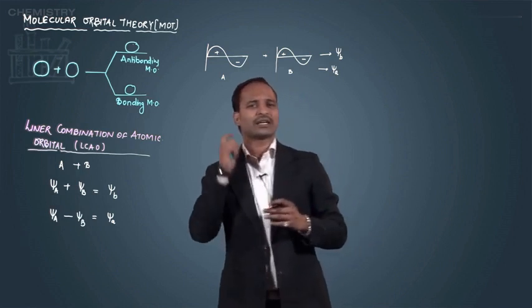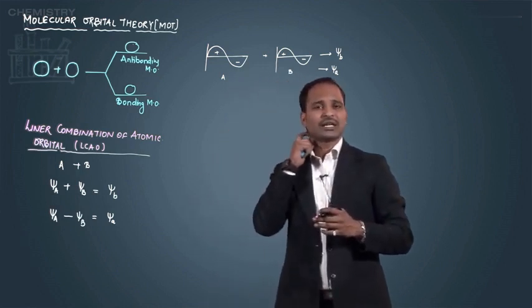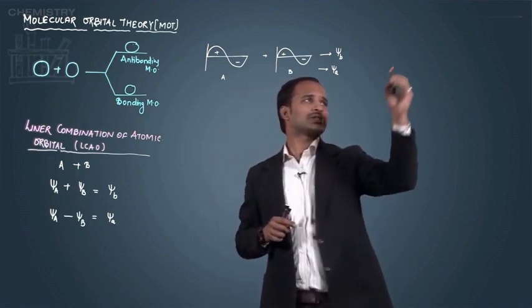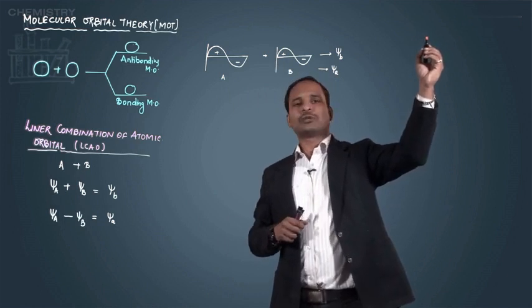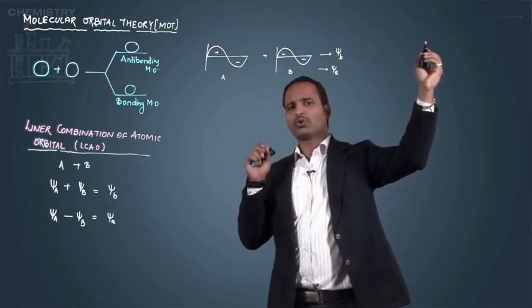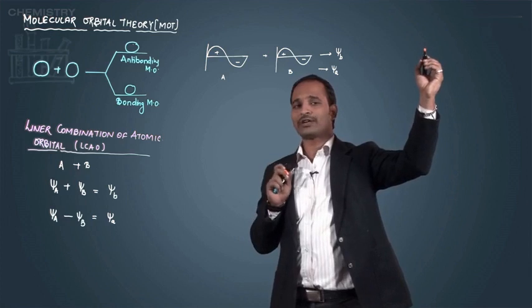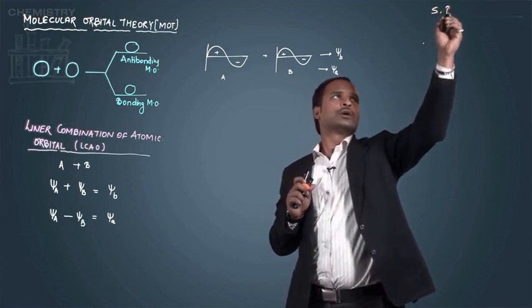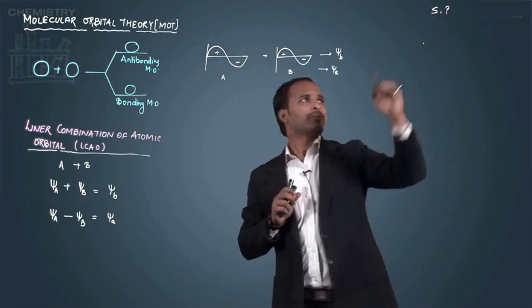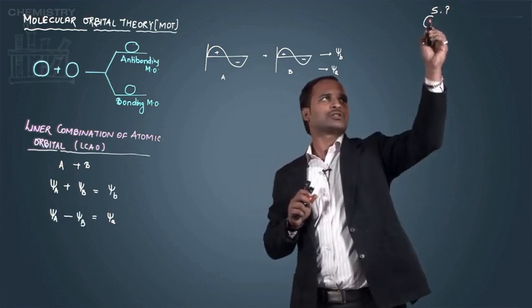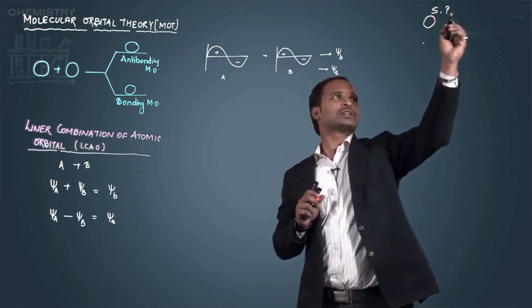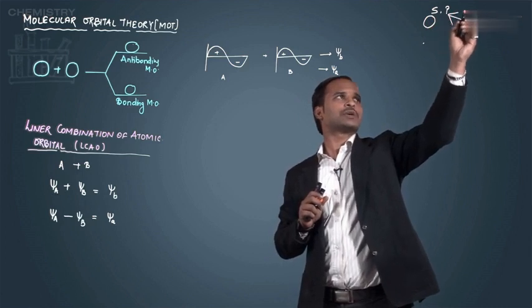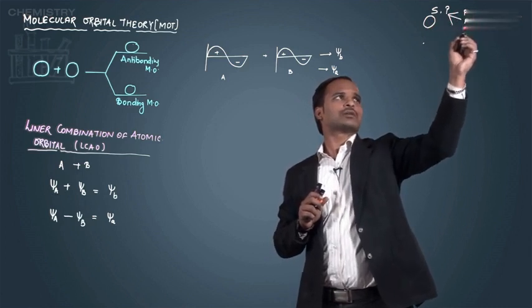That means each atom has at most 10 electrons. If each atom has at most 10 electrons, then two different types of atomic orbitals will take part: s and p. There is only one s orbital, but in the case of p there are three different orbitals, that is px, py and pz.